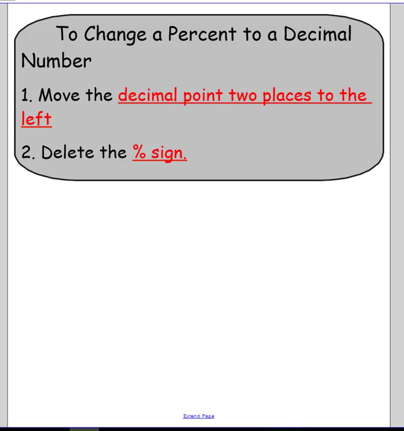But if you're given a percent and you want to write it as a decimal, you go backwards. You divide by 100, which moves the decimal place 2 spaces to the left, and then you get rid of the percent sign, because moving the decimal divides by 100, which is the same thing as percent.